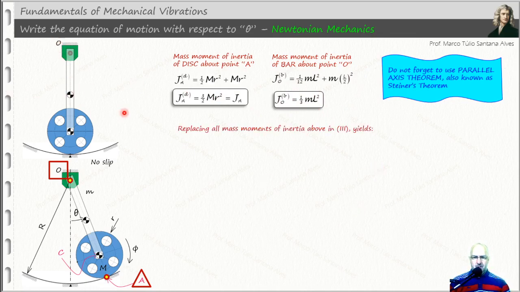So, just replace both inertias here in the third expression that we obtained in the previous slide.